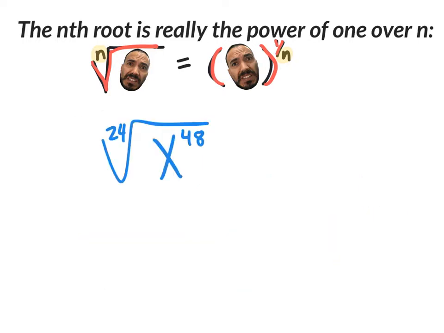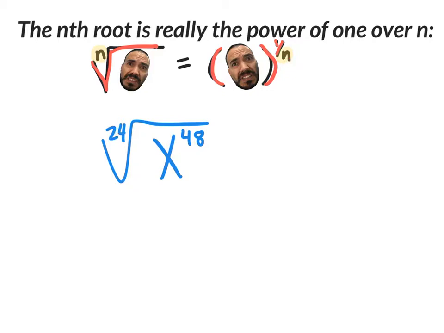Ladies and gentlemen, we could even do the 24th root of x to the 48. Eddie, what would the answer be? Once again, all you need to know is that whatever root you have, this is a 24th root, you could rewrite it as a rational exponent. You could rewrite the 24th root as the power of 1 over 24.